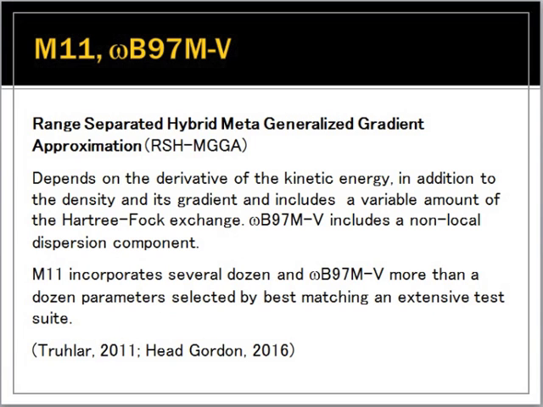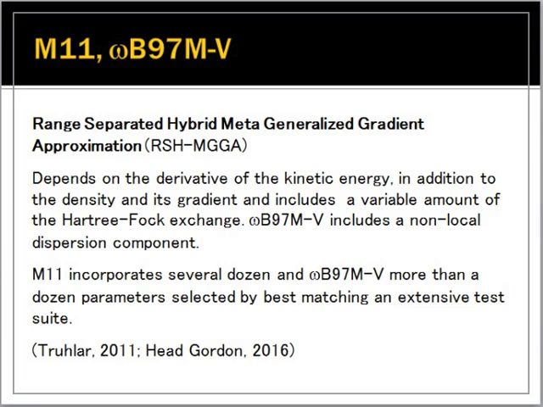The last class, and again, there are many examples of each of these, I'm only going to give a couple. The last class is range-separated hybrid meta generalized gradient. So this says I'm going to put in the density gradient. I'm going to put in Hartree-Fock theory as a variable. In this one, MV, I'm going to put a dispersion correction, which is analytical.